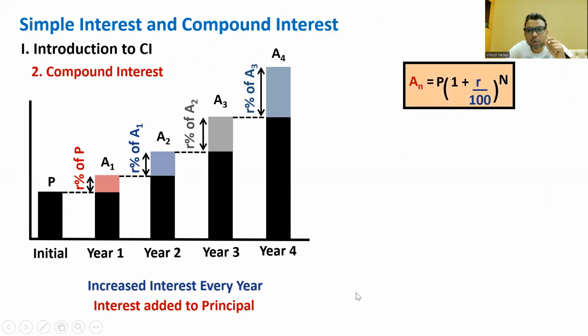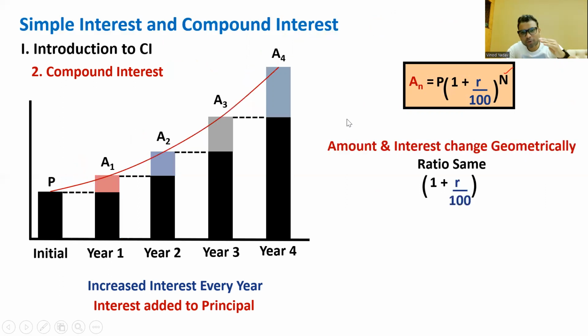So in general, the formula becomes An is equal to P into 1 plus R by 100 raised to n. N is nothing but the number of times you are doing the compounding, correct? So if you join all the values, see how it is increasing exponentially, or you can say geometrically. And here the ratio is the same: next year's amount upon previous year's amount. Every time the value will be 1 plus R by 100.